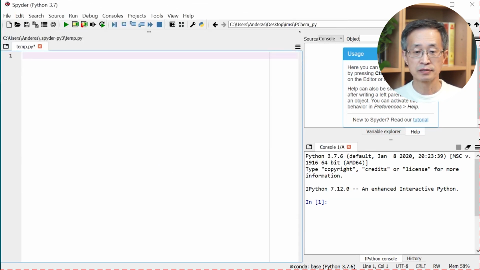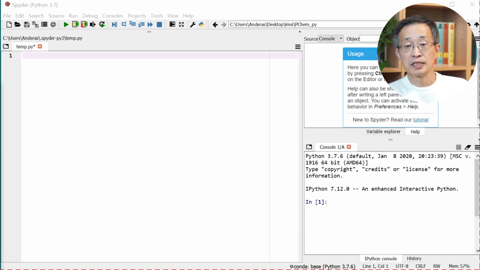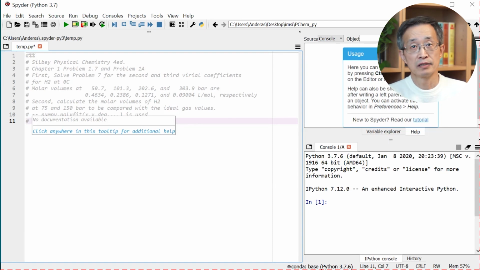Firstly, it's a really good idea to have your code commented properly, or maybe generously, I would say. What I usually do is add some comments at the beginning. A comment is not part of the code.